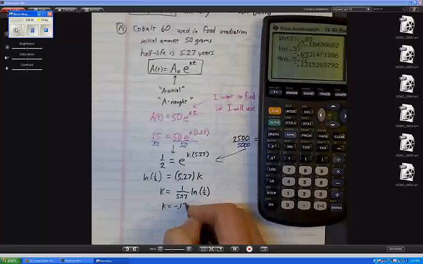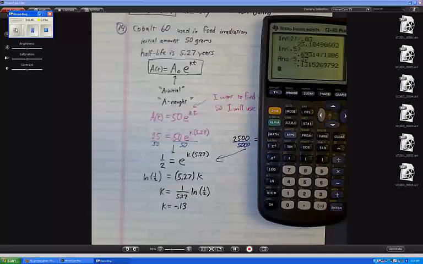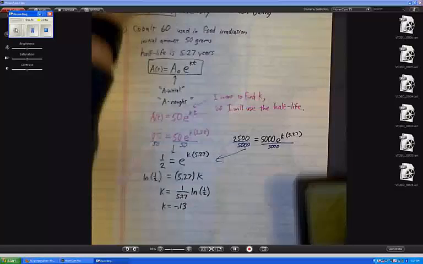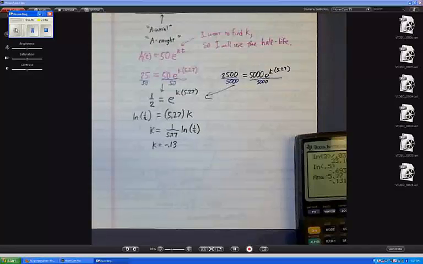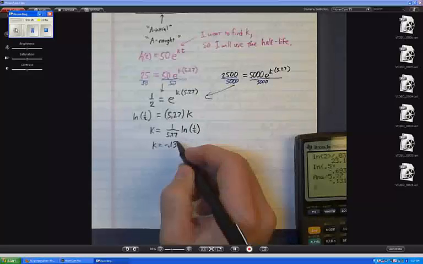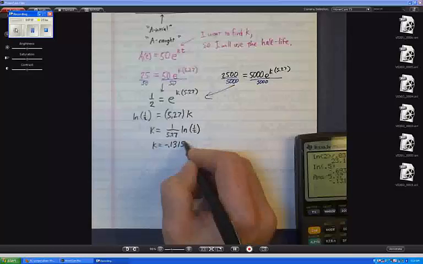All right. Now what's that mean? That means now I can write down my function. They want me to find a function that, oh, and it says keep the units of u and t as the same as the given data. And for k, they want me to round to 4 decimal places. So let's write negative 0.1315. Okay?